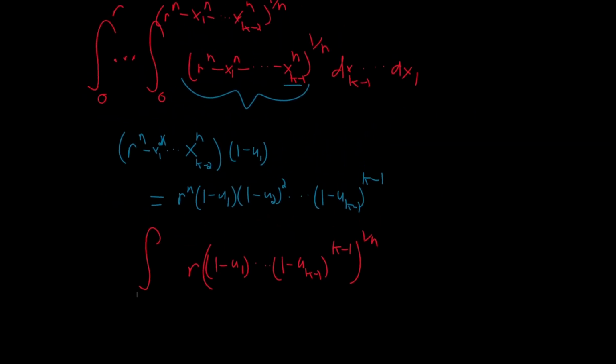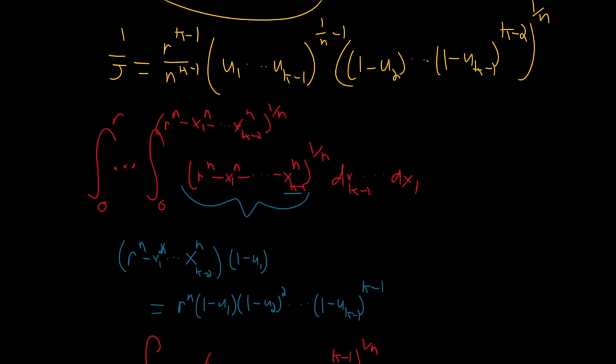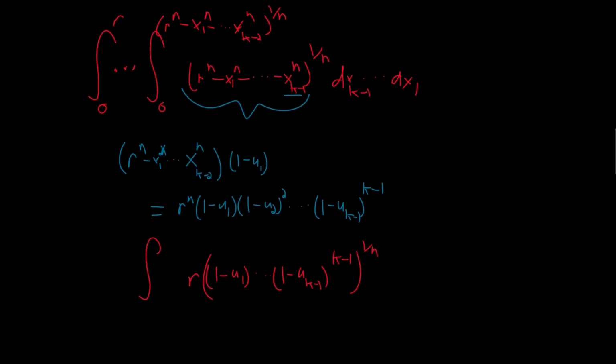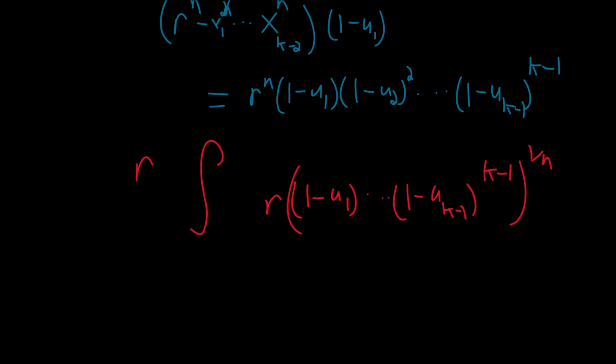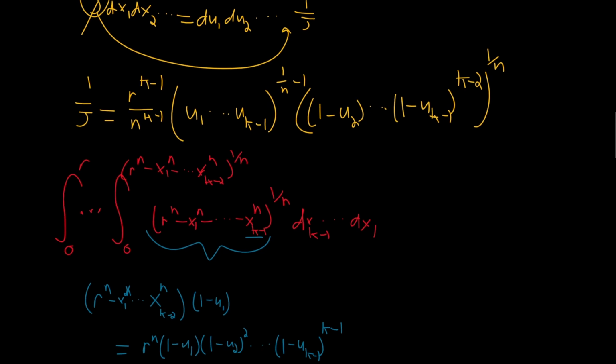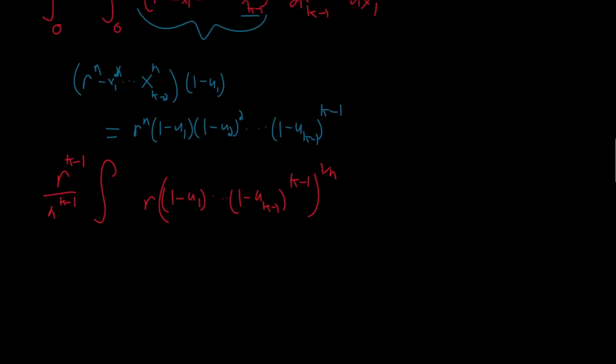Then we sub in our Jacobian times du1, du2, etc. Subbing in our Jacobian, I'm going to put our constants out front straight away: r^{k-1} over n^{k-1}. Then we have all of our u's, but I'm going to add those at the end.